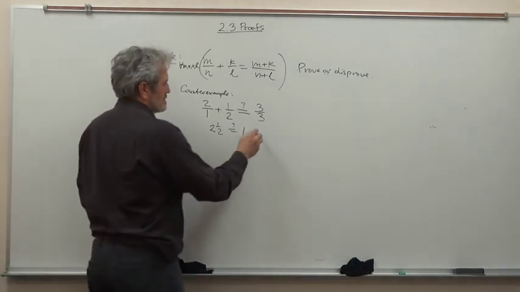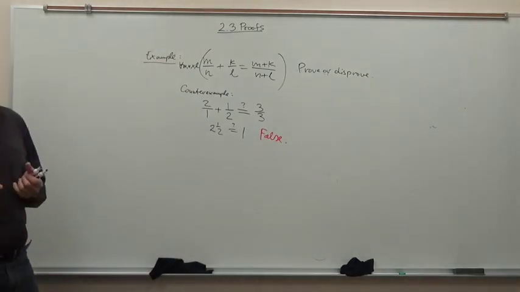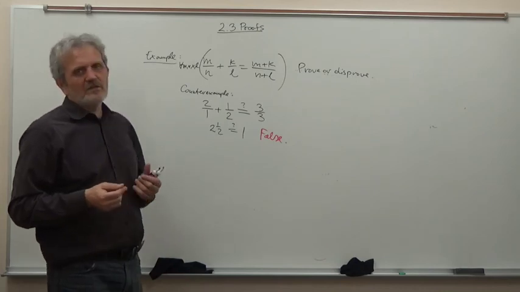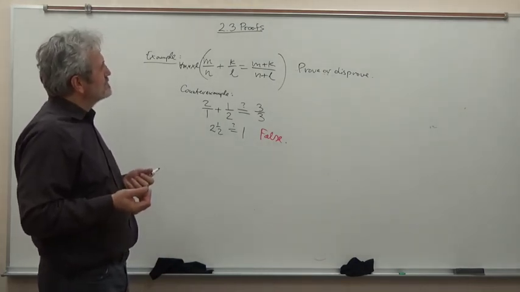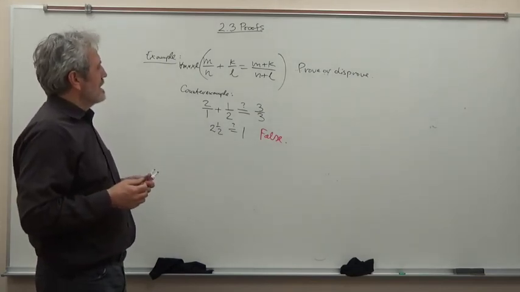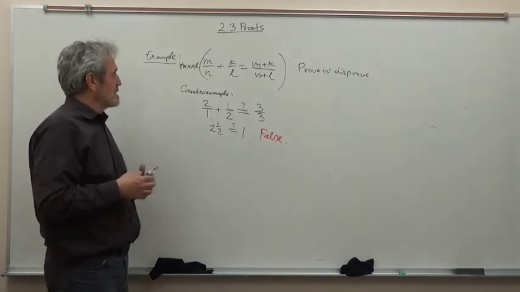Obviously, this is not true. This is false. So that shows that the rule is not valid, that's not how rational numbers or fractions behave. So to disprove a so-called law, you just find a counterexample where that rule doesn't work.